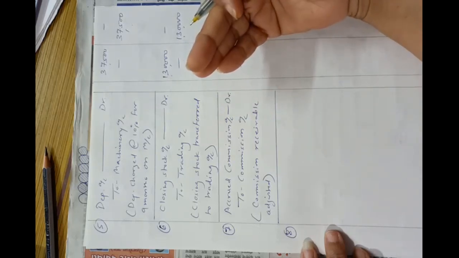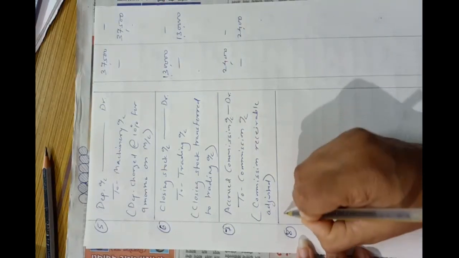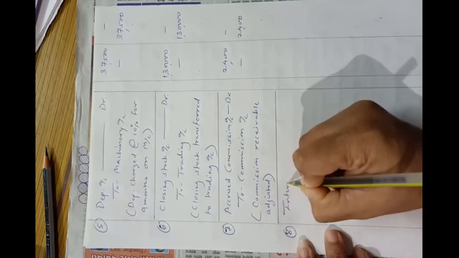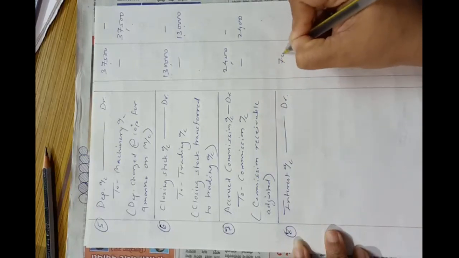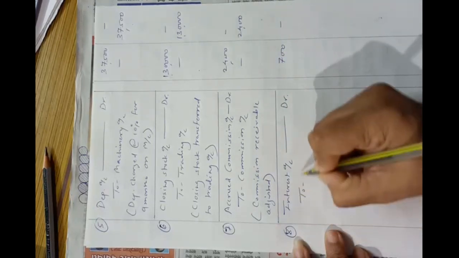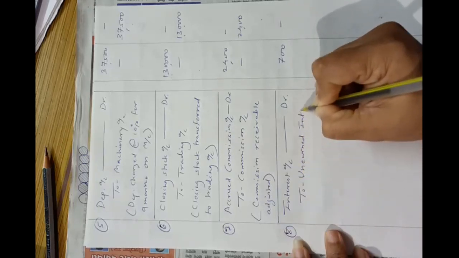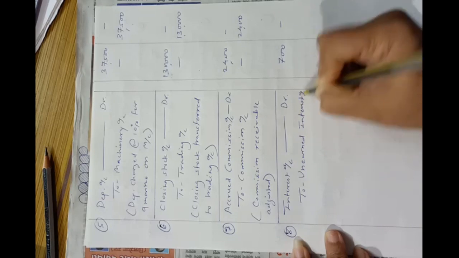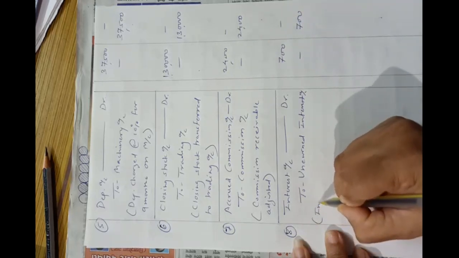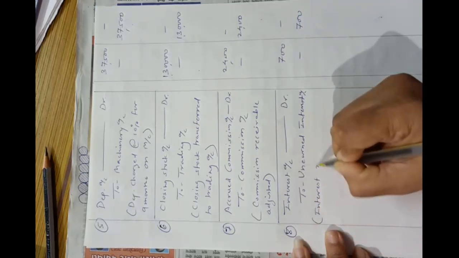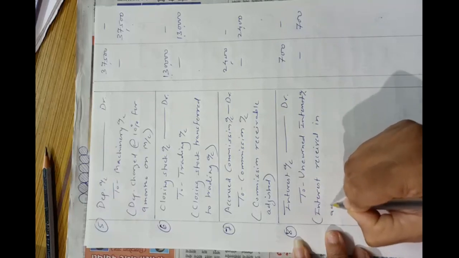So two accounts will be involved here, interest account and unearned interest account. Interest account will be debited 700 to unearned interest account 700. Narration will be interest received in advance.